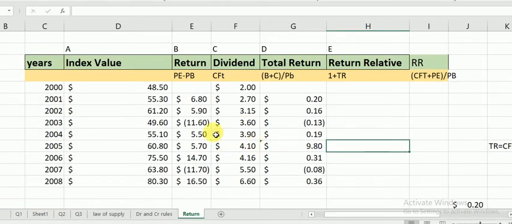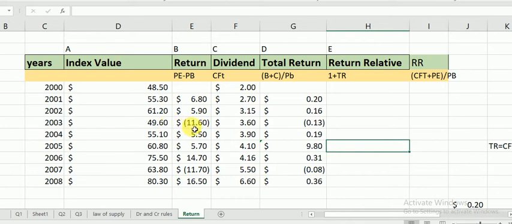Look here, the total return in 2003 is minus 0.13, and for 2007 the total return is minus 0.08. Simply, the return means the difference between the previous year price and the current market price.